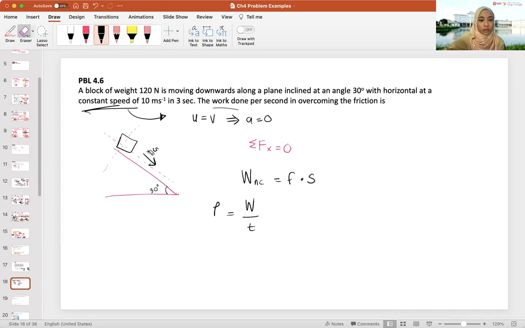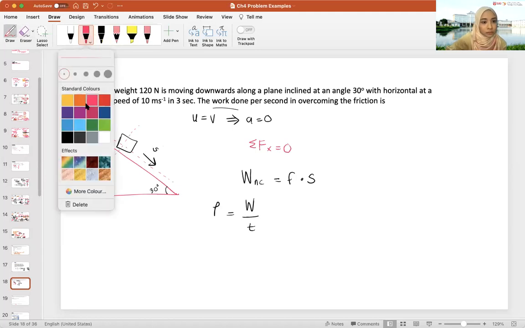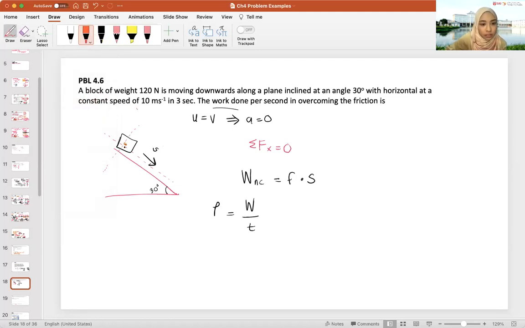So let's draw our free body diagram. Okay, so this is my mg. This is your angle, and this is your mg sine theta. This is mg cosine theta, and this is your R, and this should be your friction.